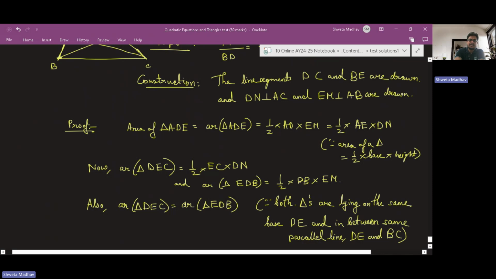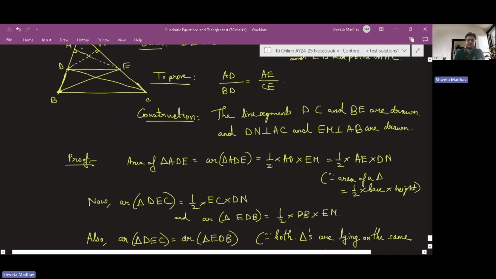So their height is the same and their base is the same, so their areas should also be the same.